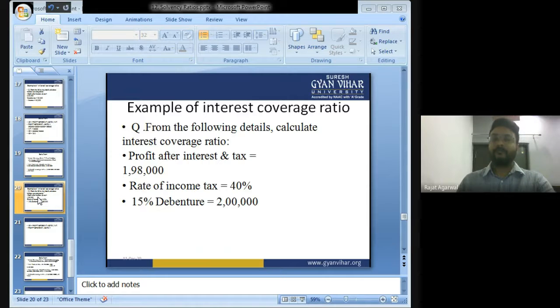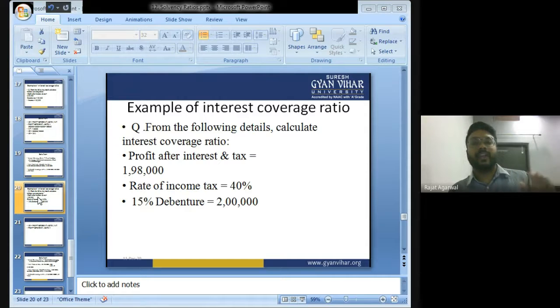In the question, profit is given after deducting interest and tax. We have to take profit before deducting interest and tax. So what I am going to do, I will add back income tax and interest in the profit so that I can get to know what is profit before deducting interest and tax. Chal. Rate of income tax is 40%. It means from this 1,90,000, we have already deducted the income tax.